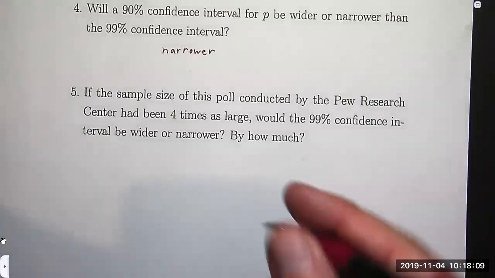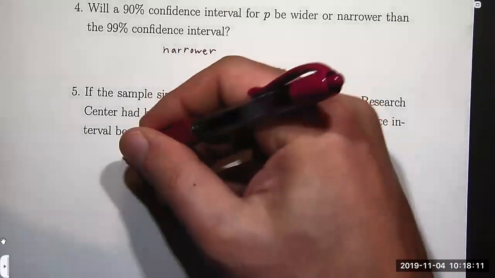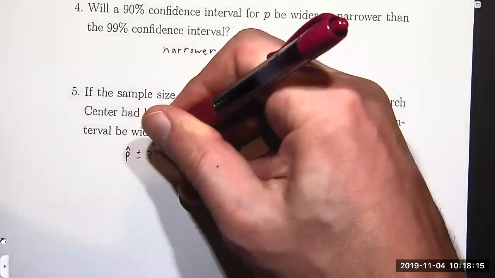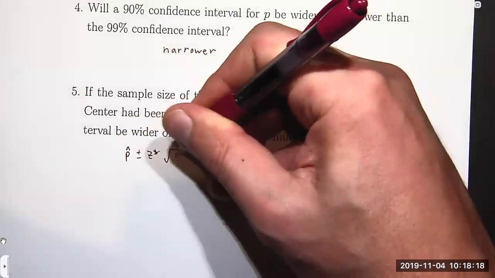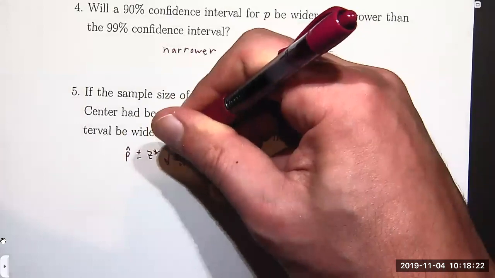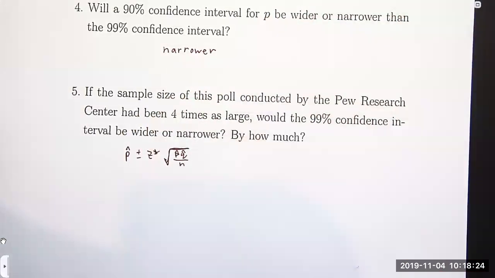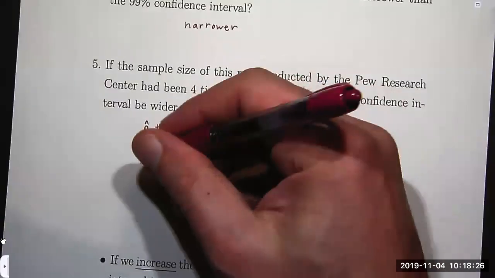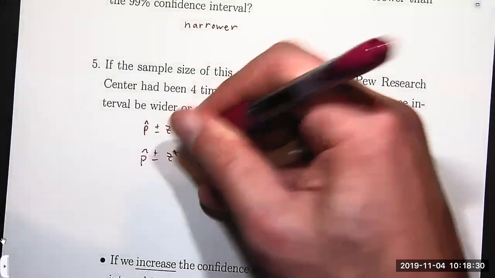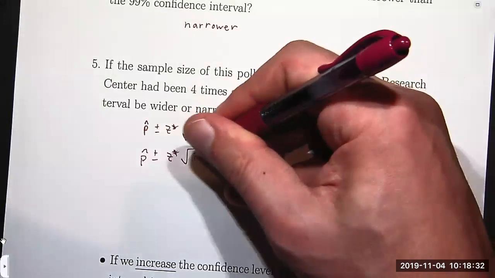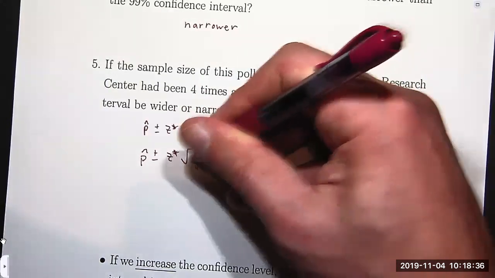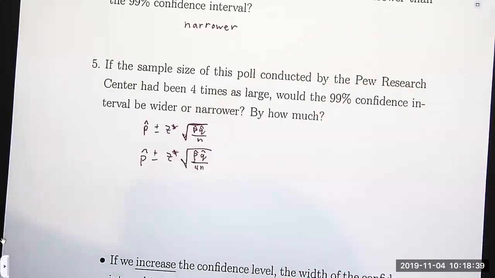We start with p hat plus or minus z star square root of p hat q hat over n. And then what we end up with is p hat plus or minus z star square root of p hat q hat over 4n.